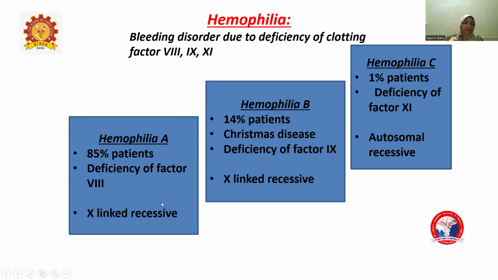A and B both are X-linked recessive, whereas C is autosomal recessive. Hemophilia C is very rare, only 1% of the patients, where there will be deficiency of factor 11. And hemophilia B is also known as Christmas disease. There will be deficiency of factor 9, and it is seen in 14 percent of the patients.